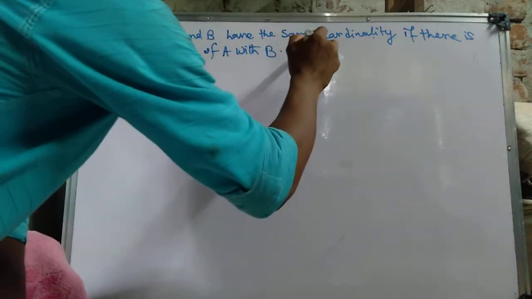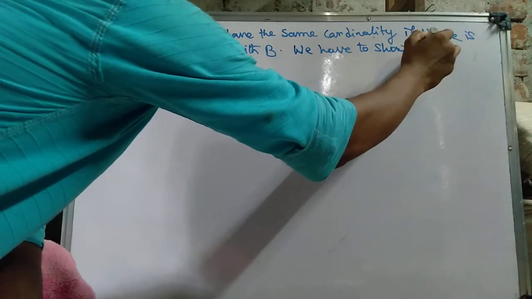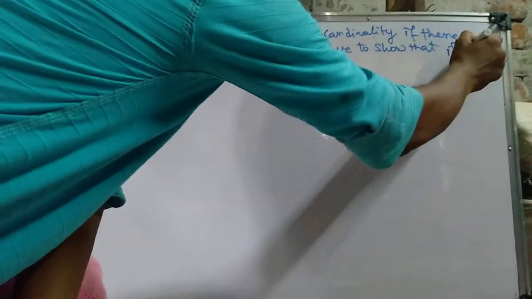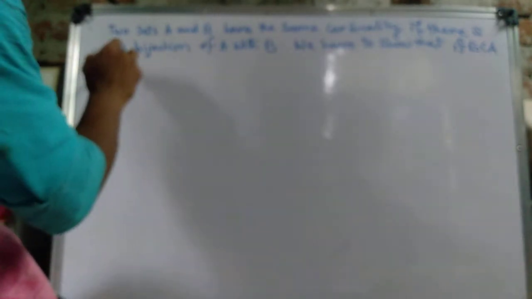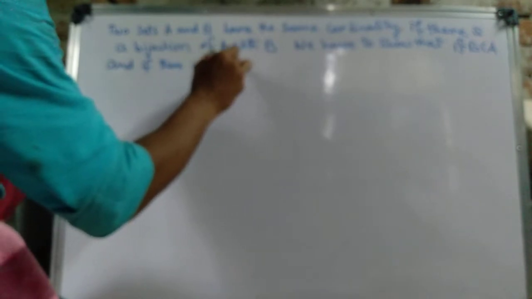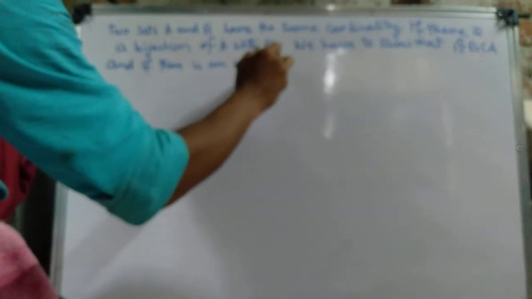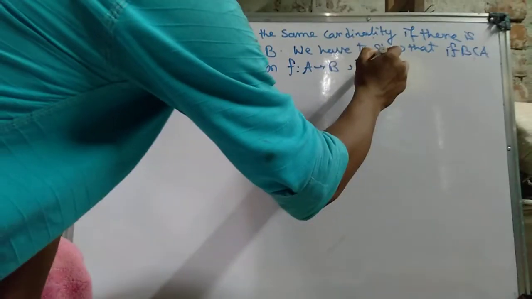Now we have to show that if B is a subset of A and if there is an injection f from A to B, then A and B have the same cardinality.